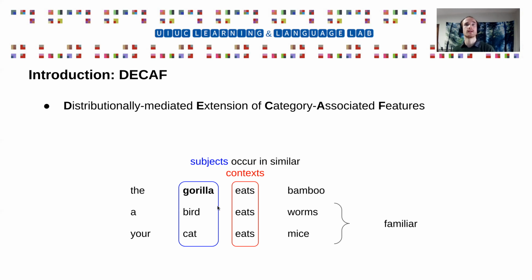All of these are subjects of the verb eats. And what you can then do is isolate shared semantic features and extend those to gorilla, and voila, you now have a ballpark idea of the meaning of gorilla. In particular, you know that it is an animal, that it is animate, and so on.